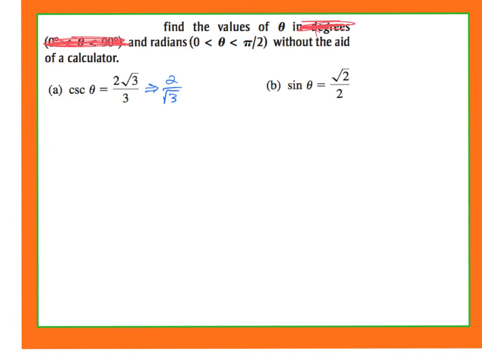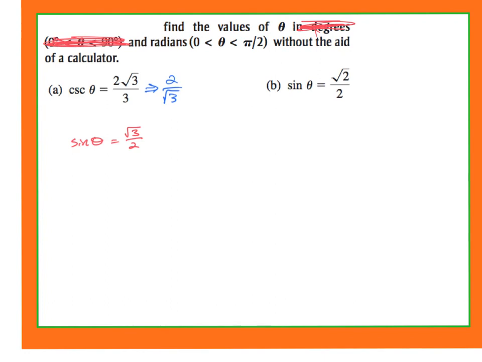Well, again, I don't think of anything like 2 over square root 3. I'm going to reciprocate both of them. So what's the reciprocal of cosecant? Sine. And so I have sine theta equals square root 3 over 2. You see how we went there? All right, I flipped both of them. So now, when is sine square root 3 over 2?